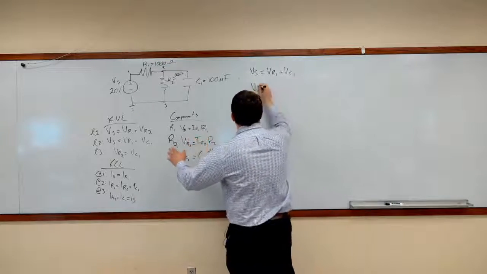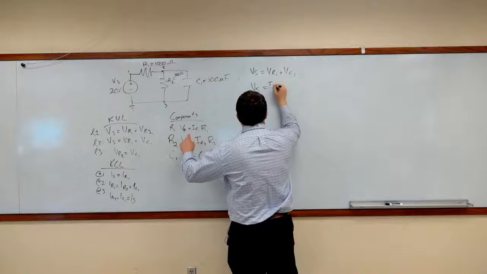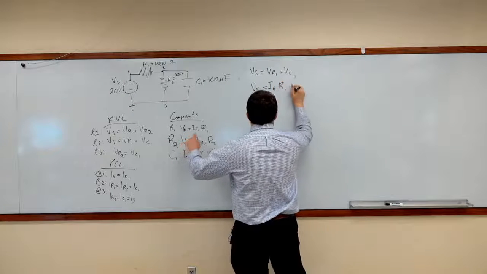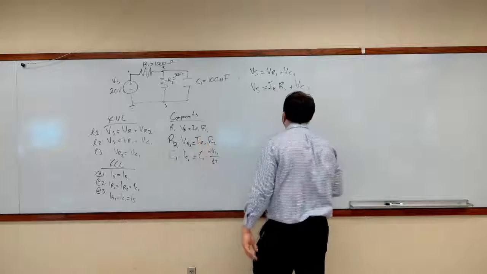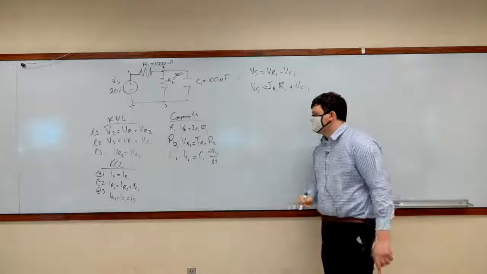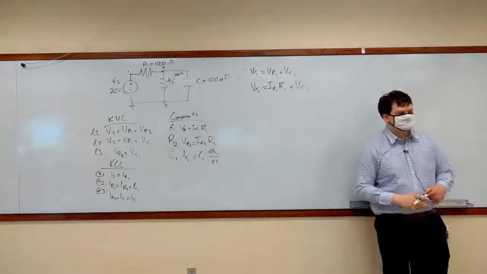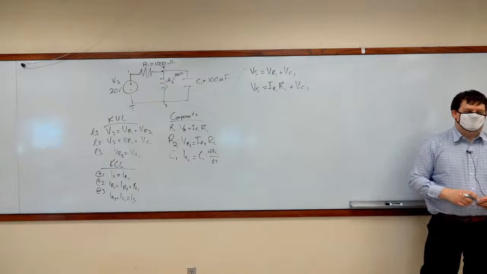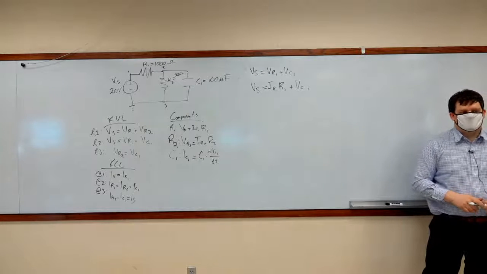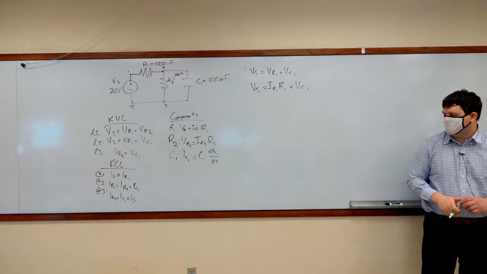We're going to go ahead and take Vs is equal to IR1 R1 plus VC1. Okay, what equations do we have that use IR1? There are, I think, 3 on the board.